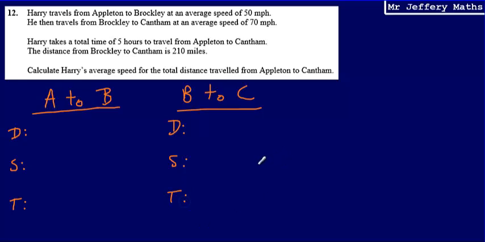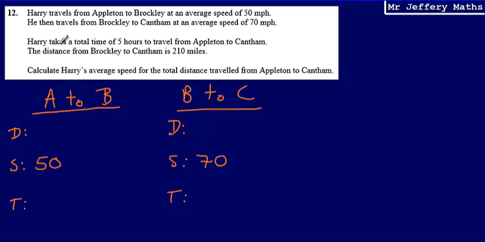So first of all, the first thing that I'm going to write down is the information that I know already. I know that the speed that Harry travelled at from Appleton to Brockley was 50. And that the speed from Brockley to Canton was 70. What other bits of information do I know?